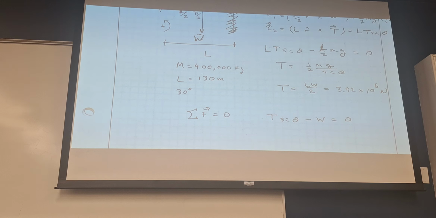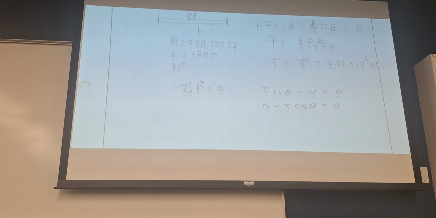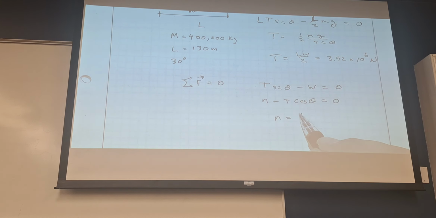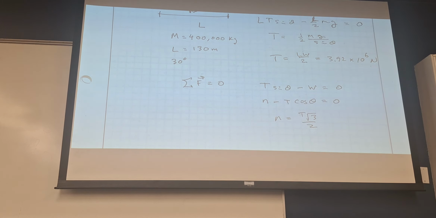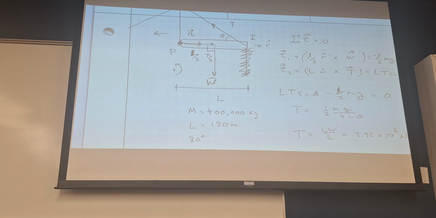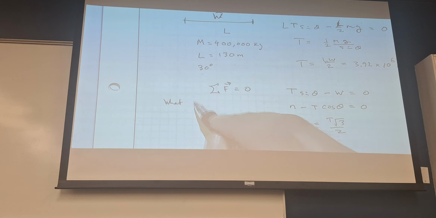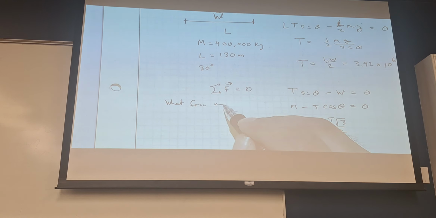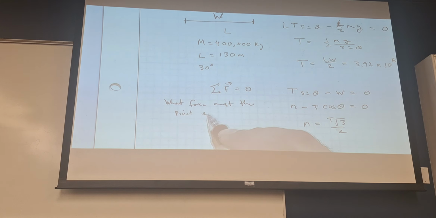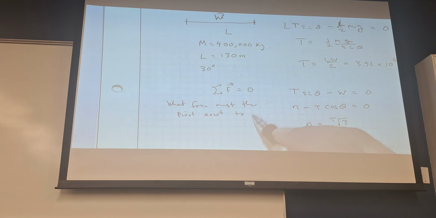So this will become N minus T cosine theta. And so N equals T cosine theta. So that's how much force you need to have to keep this thing static. That was one of the questions: what force must the pivot exert to keep static?